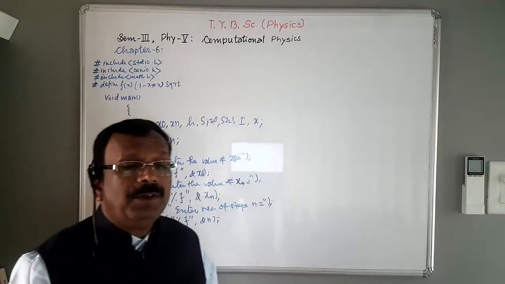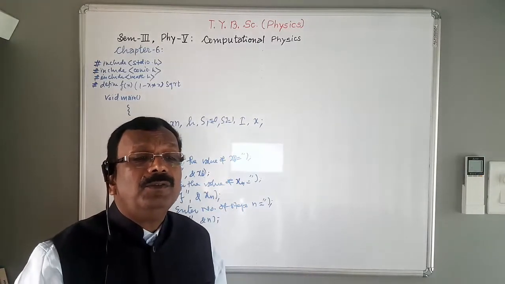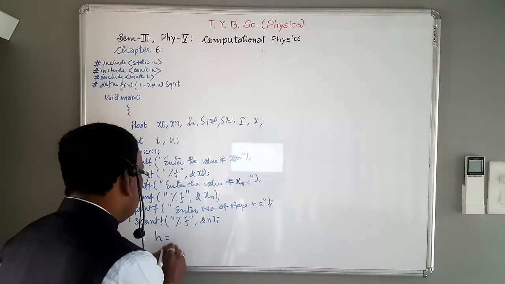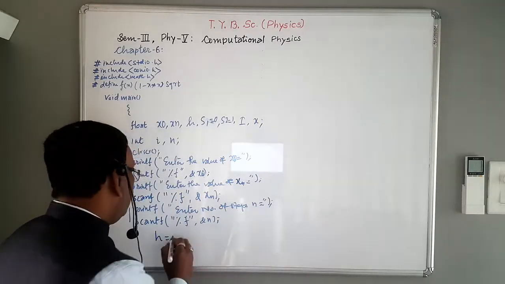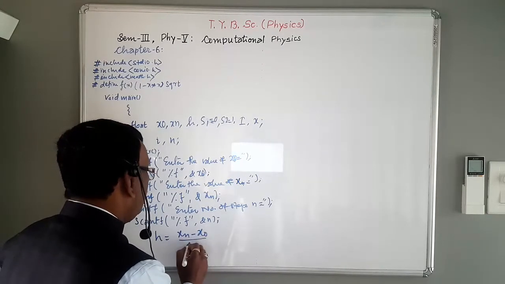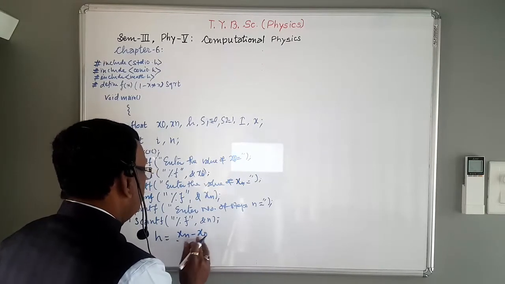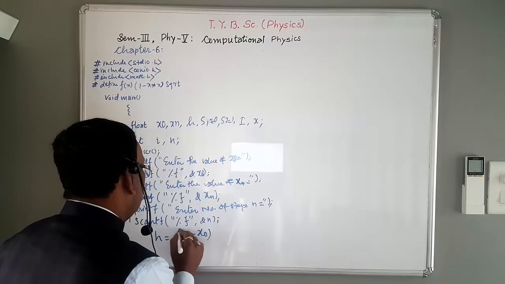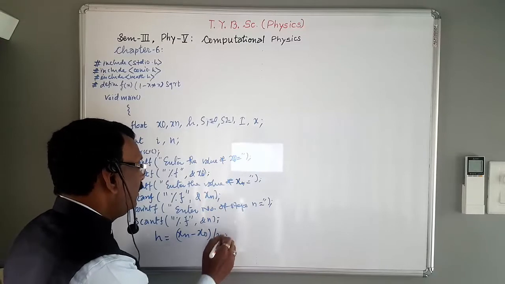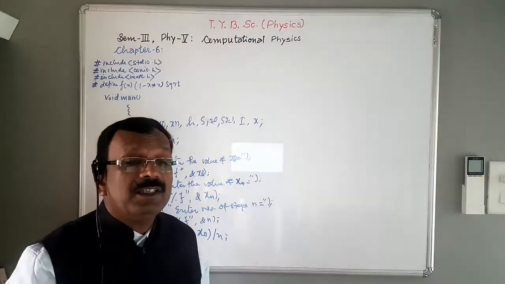After that, we have to find the value of h, and that value is xn minus x0 upon 2, like this. With the help of this formula, we can calculate the value of h.